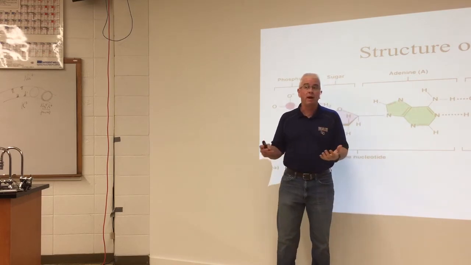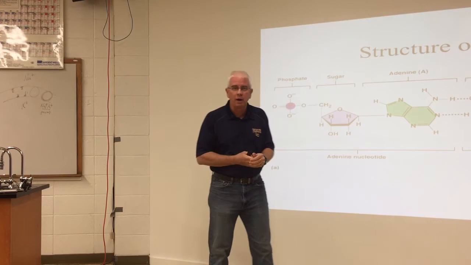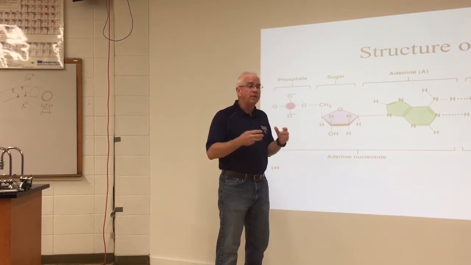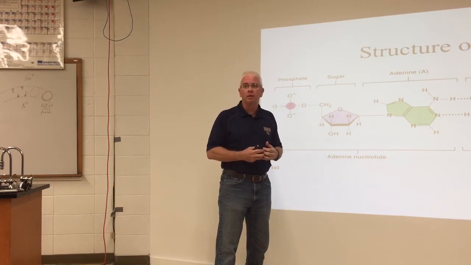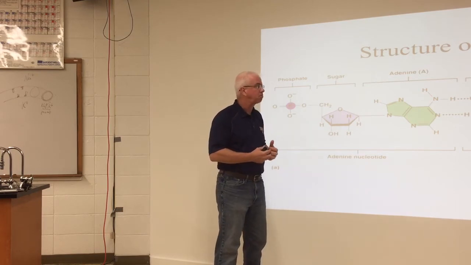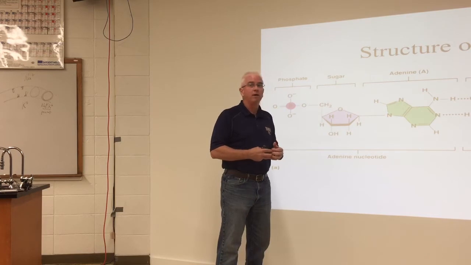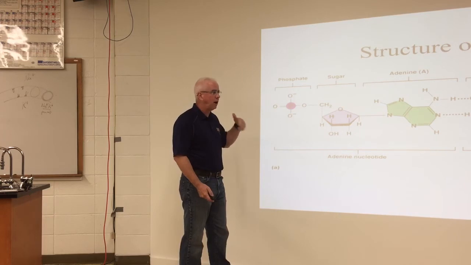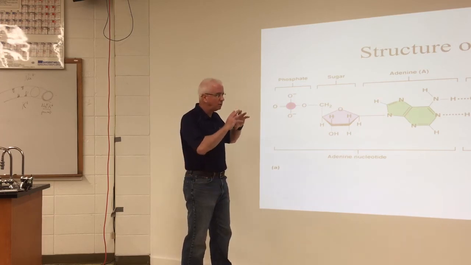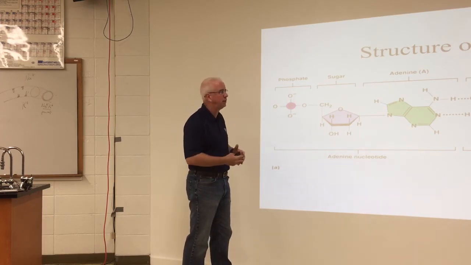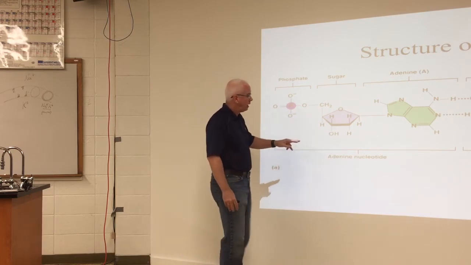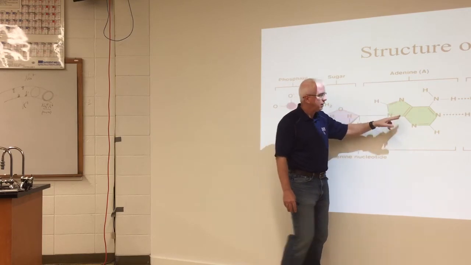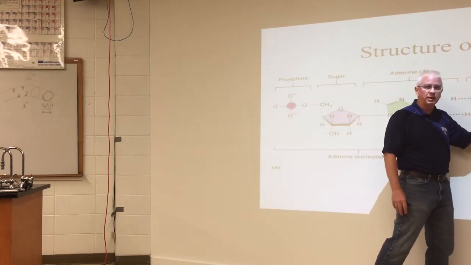So whether you're talking about DNA, deoxyribonucleic acid, or RNA, ribonucleic acid, these organic macromolecules are built out of nucleotides, and they're very similar in structure. So this is a very short version of the structure of DNA that shows you a nucleotide built out of adenine, which is a base, and another nucleotide over here built out of thymine.